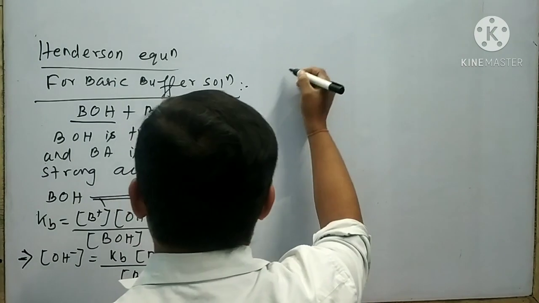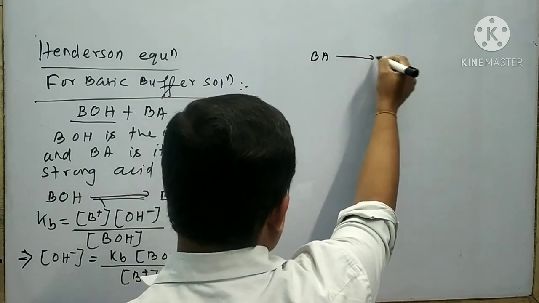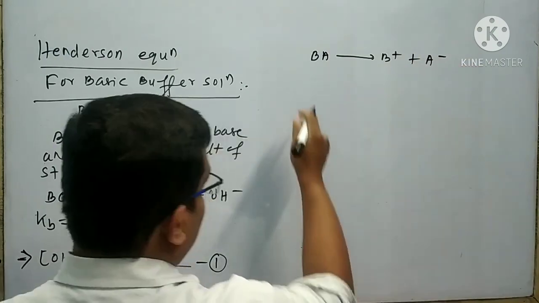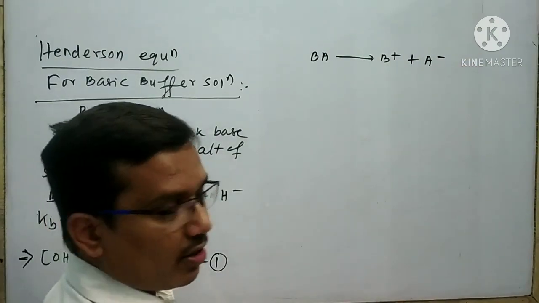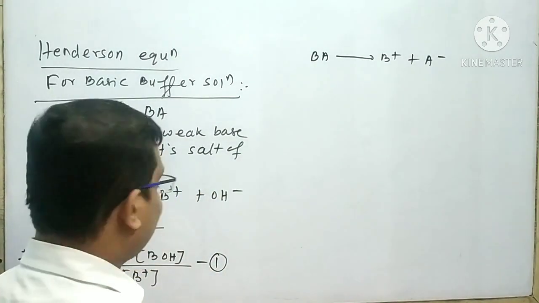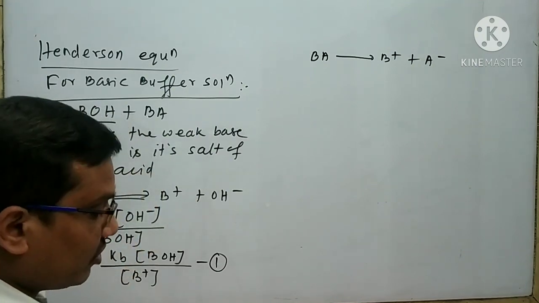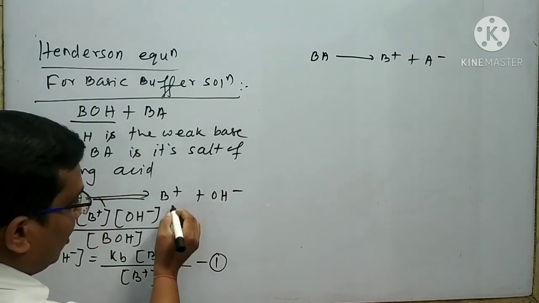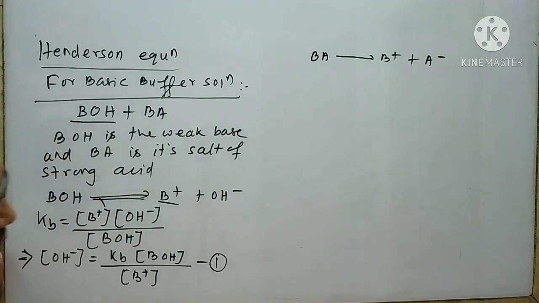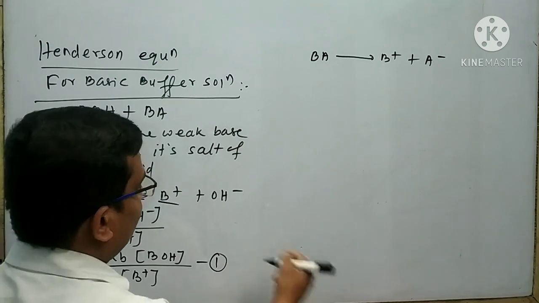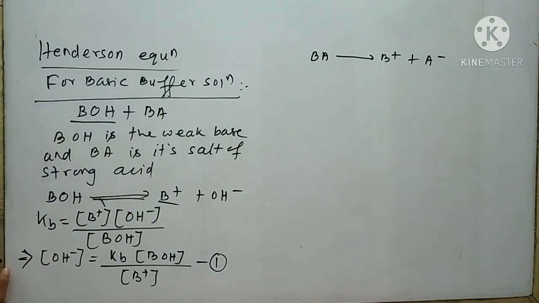Again, we know that the salt BA undergoes dissociation and gives B plus and A minus ions. Since the BA salt is completely ionized, the dissociation of the weak base BOH is further suppressed in the presence of B plus ion, which is common to both. By the application of Le Chatelier's principle, we can assume that BOH does not undergo ionization.